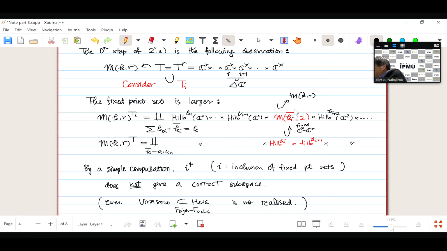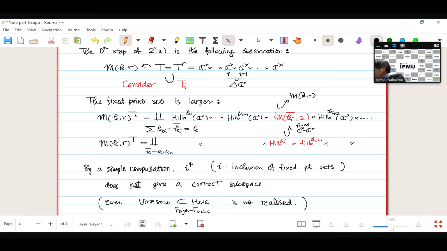So it looks fine, but in fact, if you do a little bit of computation, you immediately see that this is not actually the correct space. The pullback homomorphism with respect to inclusion doesn't give the correct subspace in the Heisenberg algebra.